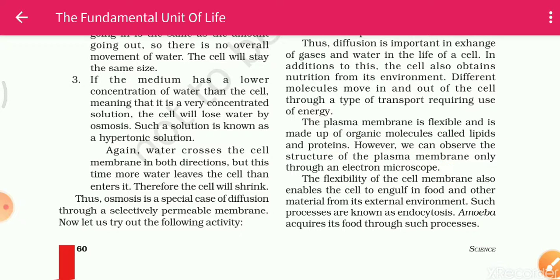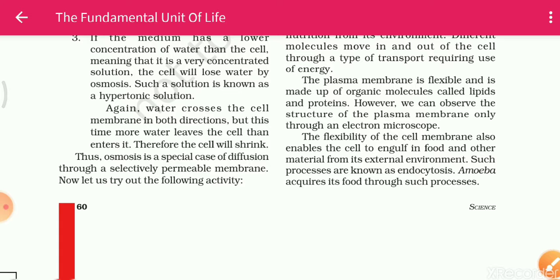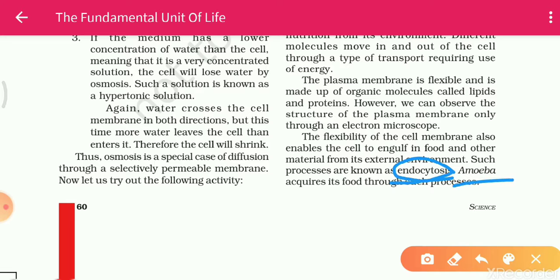Now, in another paragraph, the flexibility of the cell membrane also enables the cell to engulf food and other material from its external environment. Such a process is called endocytosis. Amoeba acquires food through such a process. Students, endocytosis is very important, and this process takes place in the amoeba.